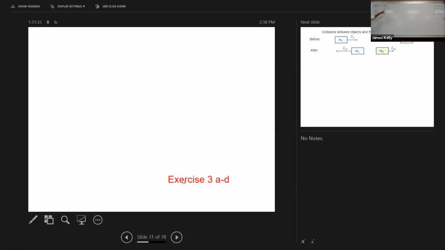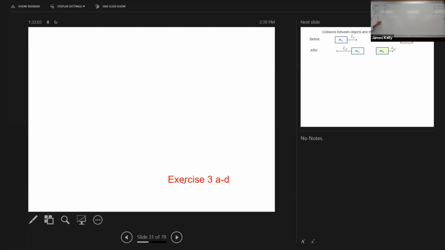Well, that's easy. I know its initial and final momentum components. I think we're told plus y is up here. Yes. So in A, I want the net impulse delivered to the 1 kilogram mass, y component.